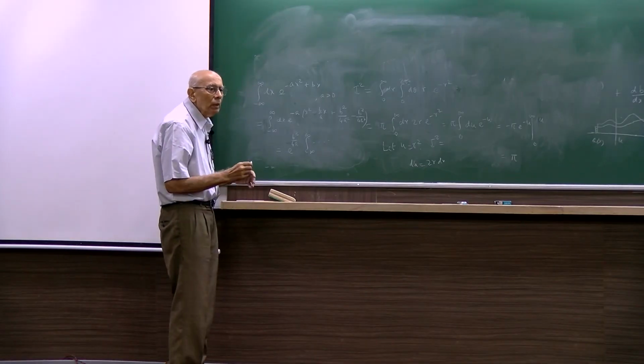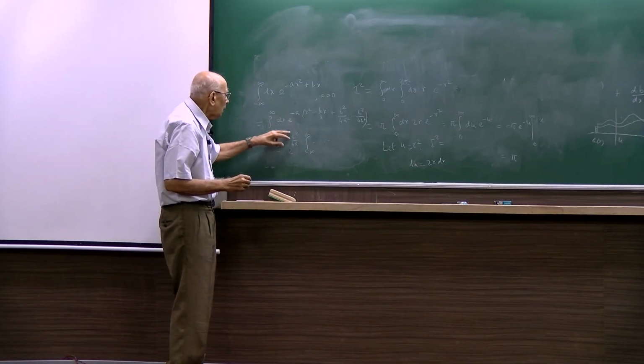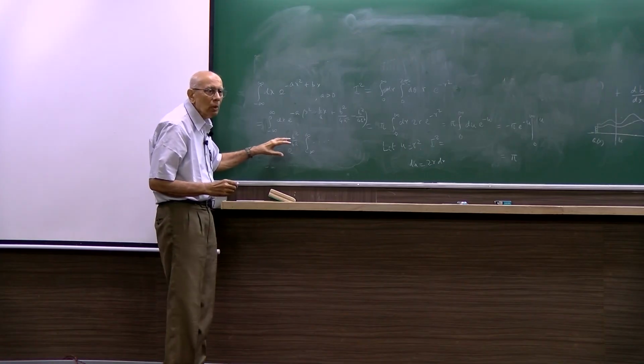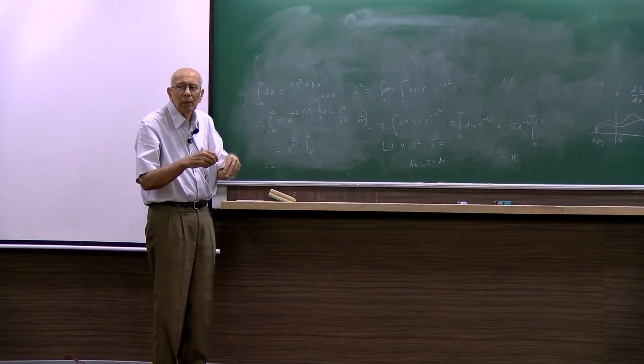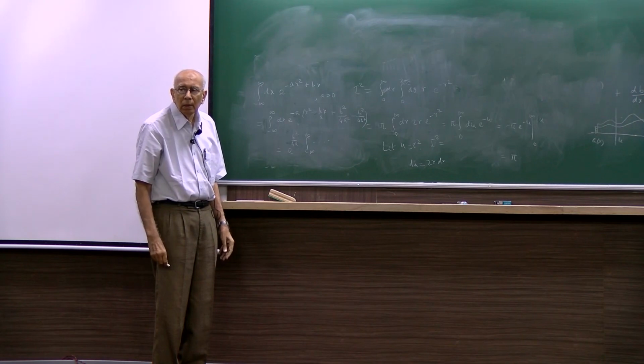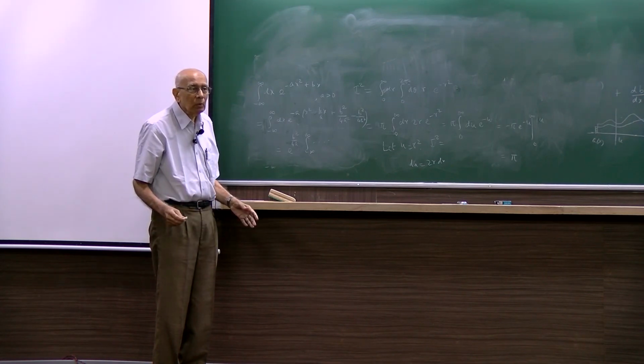You got a shifted Gaussian, rescaled, but this factor b squared over 4a comes out. It's constants, multiplied by the answer to the Gaussian integral. So you can do a whole family of integrals using this.